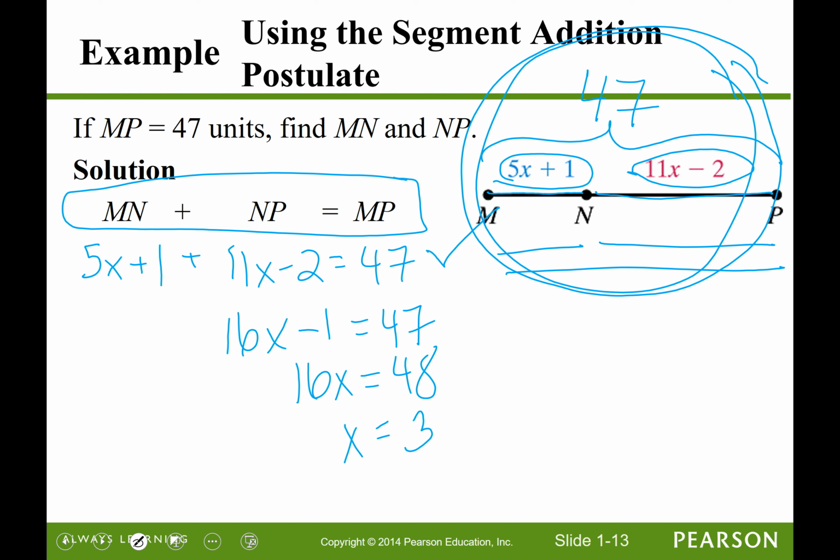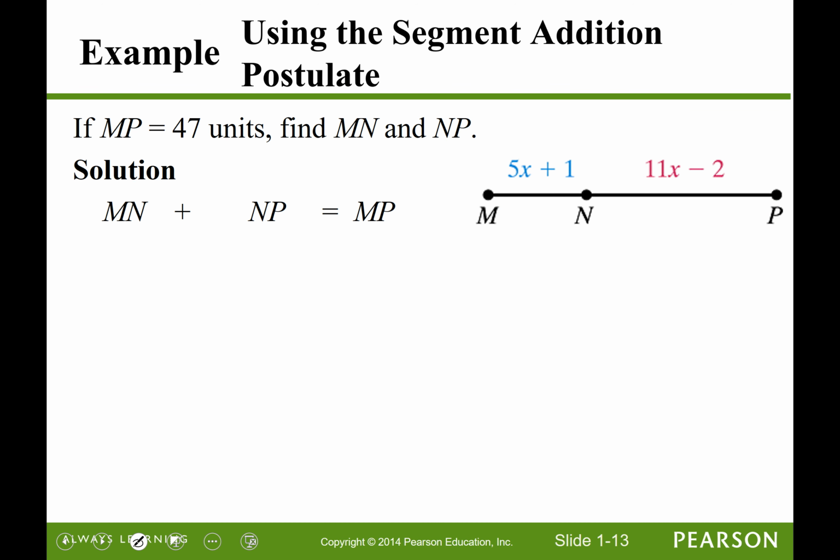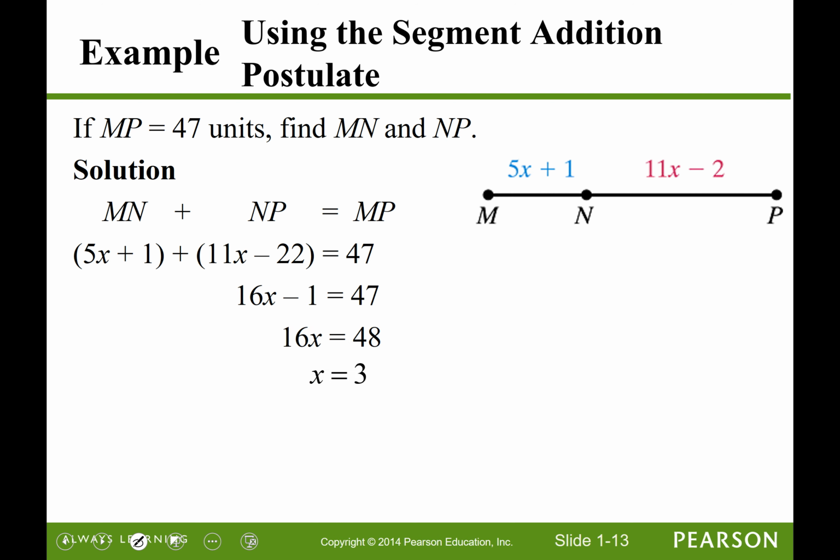All right, once we have our unknown of x, we can plug that back into the equation and find all the missing parts. So let me erase my work there. Here is that equation solved a little bit nicer. We get x equals 3. Then use the value of x to find MN and NP.